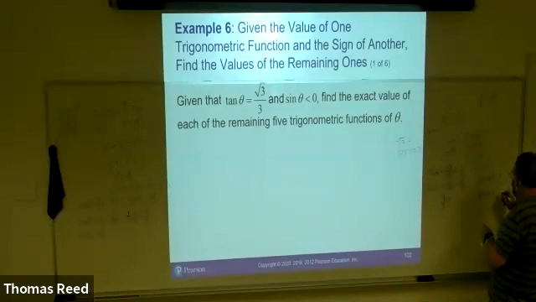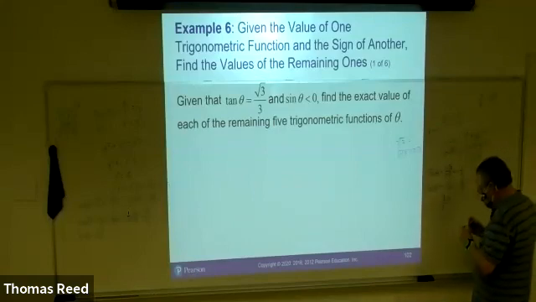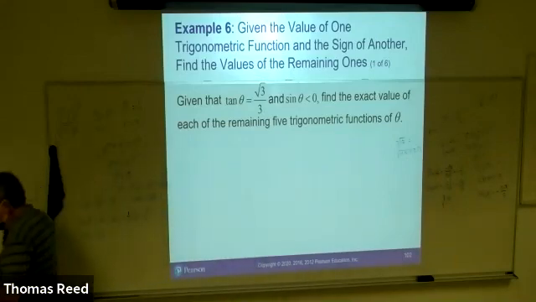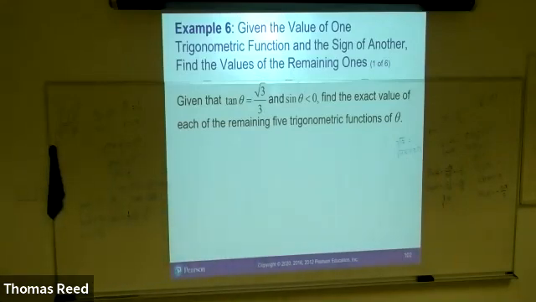So that gives me a negative 2 square roots of 3 over 3. And that gives us the remaining functions.